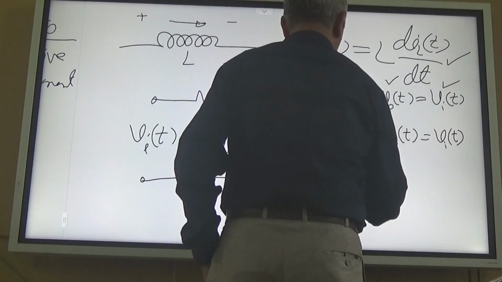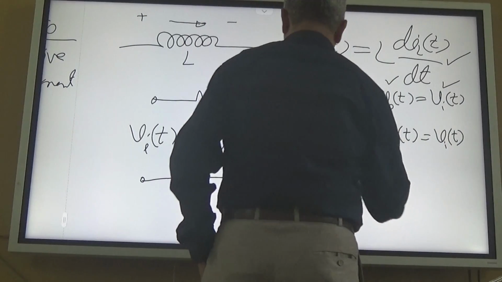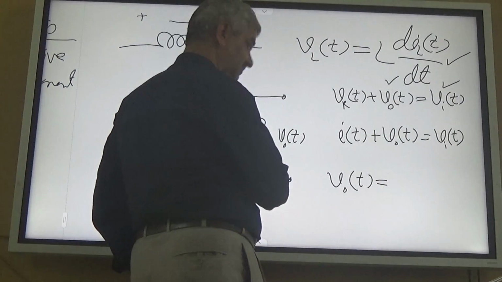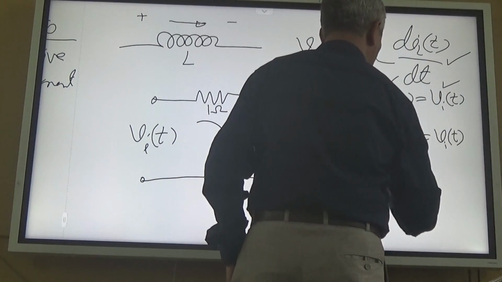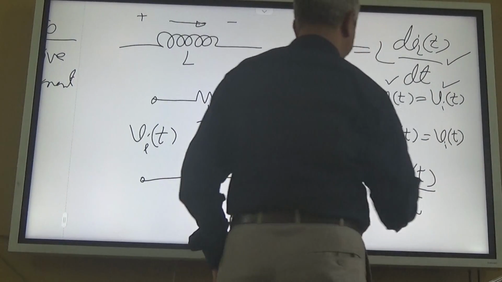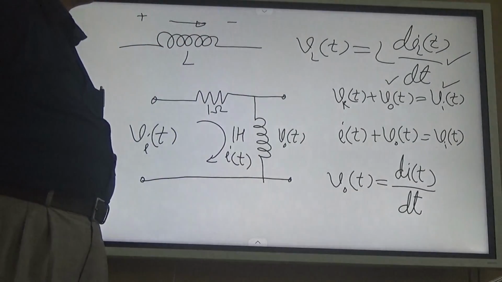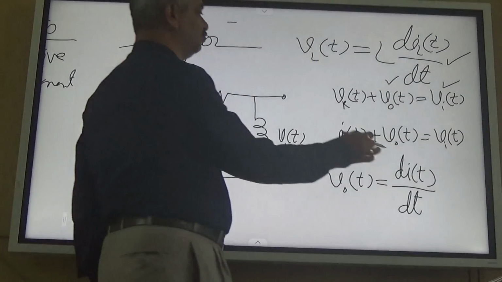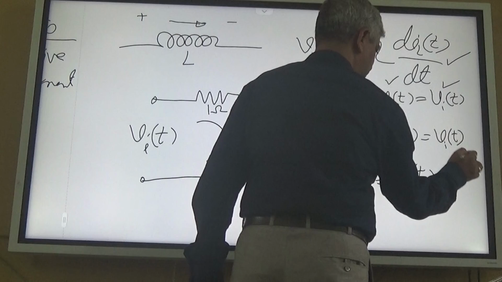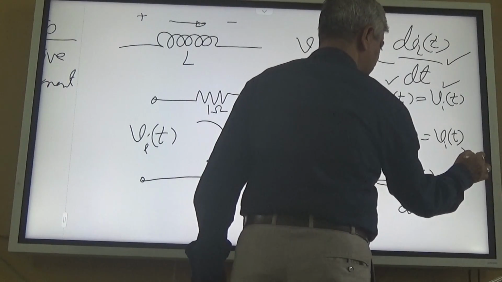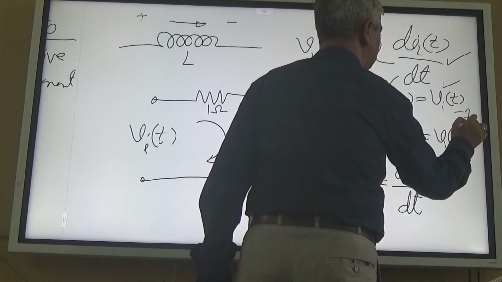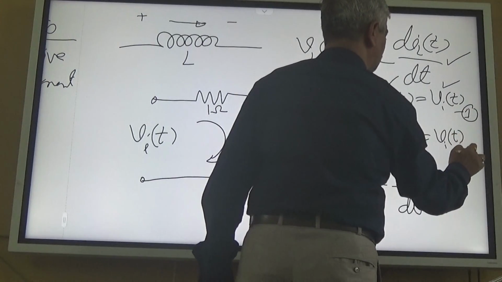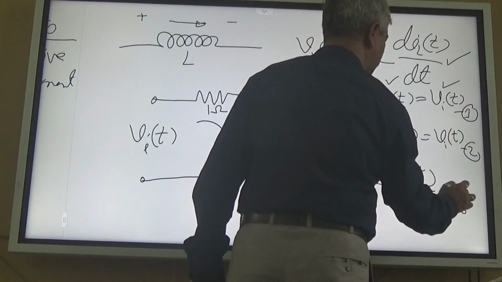VOT is equal to L is 1. So DIT by T. So by using these two, this you can say 1 or this you can say 1, this you can say 2, and this you can say 3.